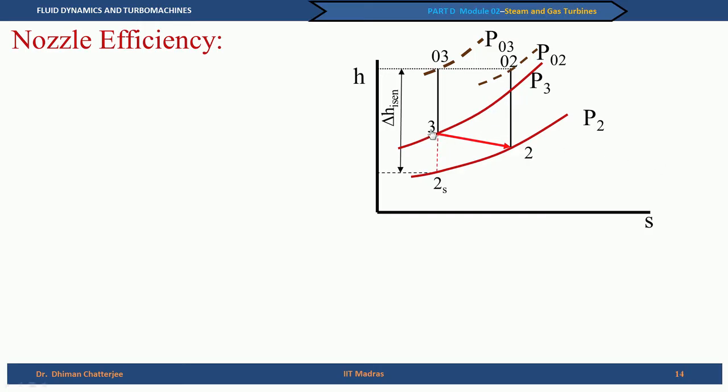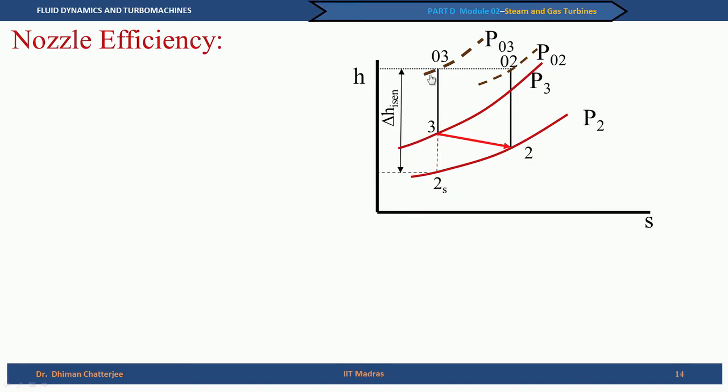Please note that these numbers 3, 2 may differ in different books, but we are following the unified notation that we have discussed towards the beginning of these lectures on turbomachines. So, 3 to 2 is an expansion process and 3 to 2s is an idealized process, where 2s refers to the isentropic expansion.